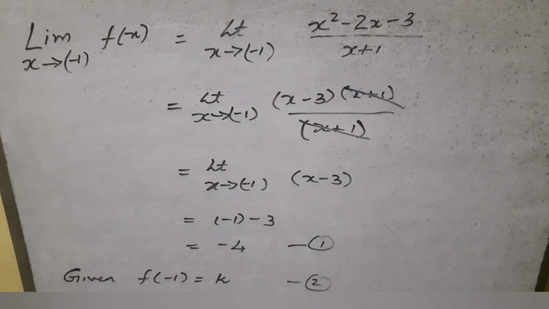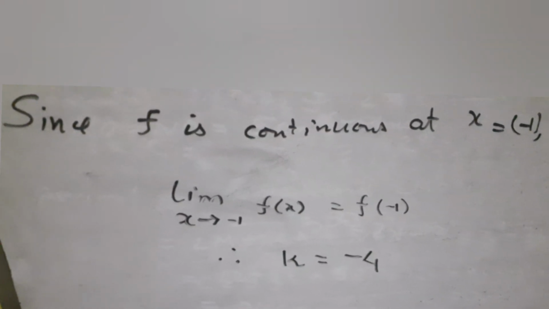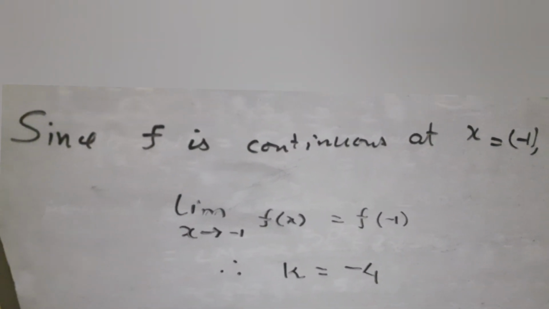The value of the function at minus 1, that is f of minus 1, is given to be k. Applying the condition for continuity at x equal to minus 1, we get k equal to minus 4.